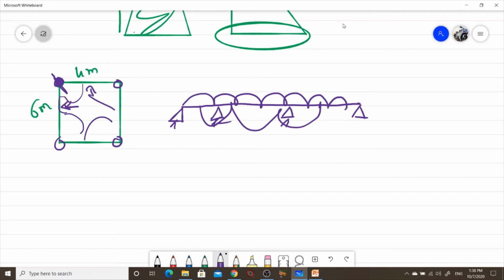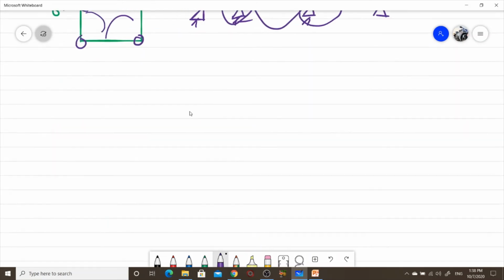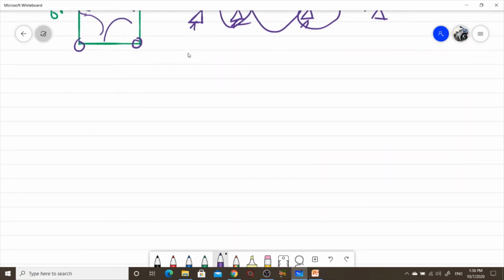So we just need to distribute the moment. For the moment distribution we first need the fixed end moment, FEM.